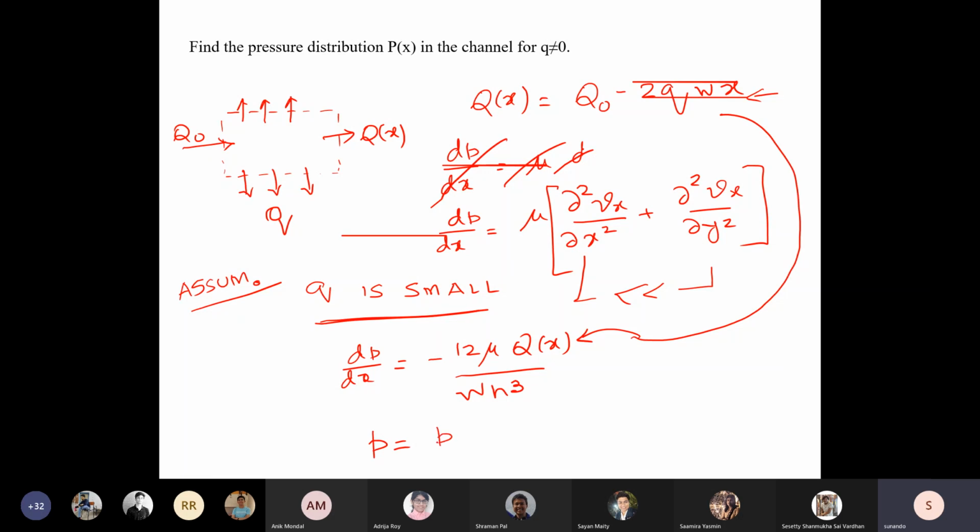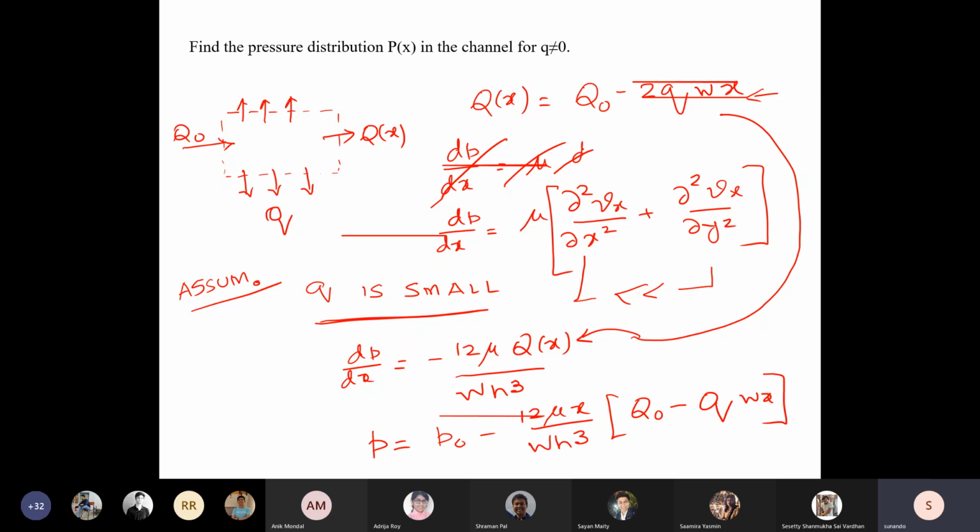The answer to that is going to be minus 12 mu x by w h cube, times q naught minus q w x. And you can clearly see that if I set q equals 0, then it reverts to the original expression that we have for pressure.